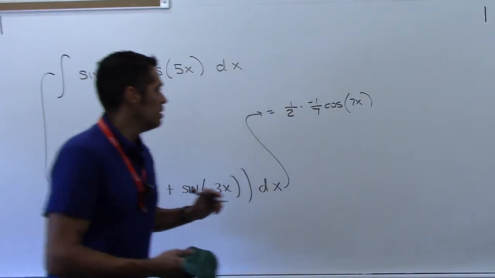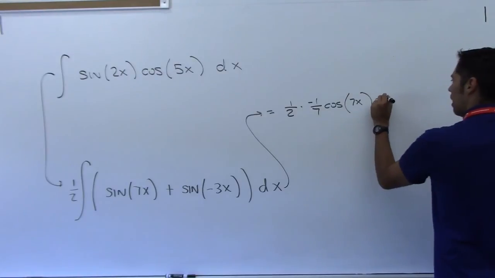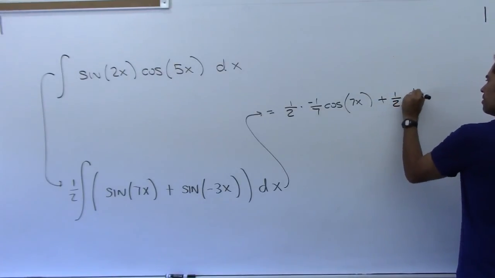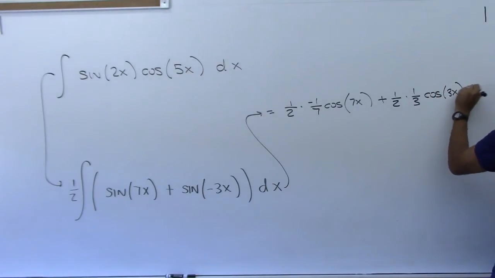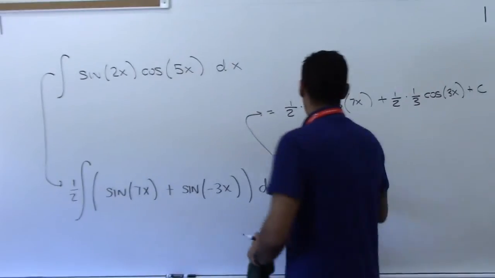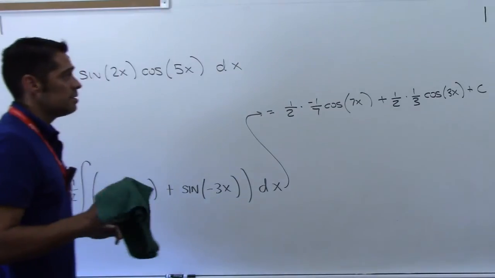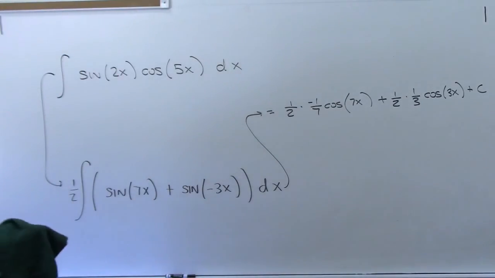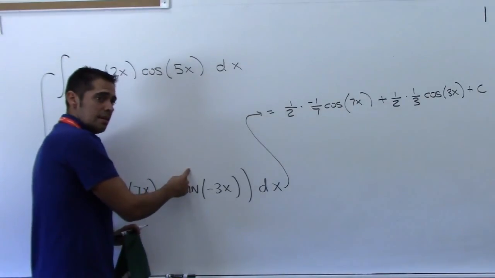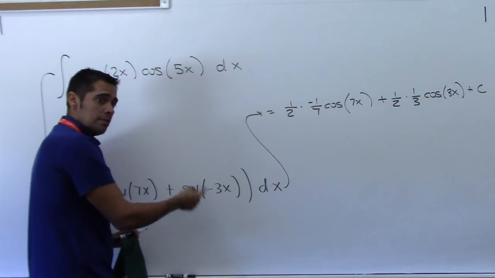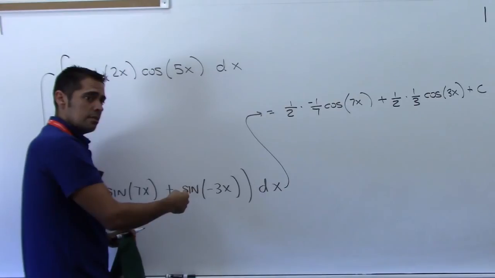Negative 1/3. So you're going to have positive 1/2 times 1/3 cosine 3x plus c. So negative 1/14 cosine 7x. And cosine 3x, you take out the negative? The antiderivative of sine is negative cosine, but then we scale by negative 1/3. Negative and negative became plus.